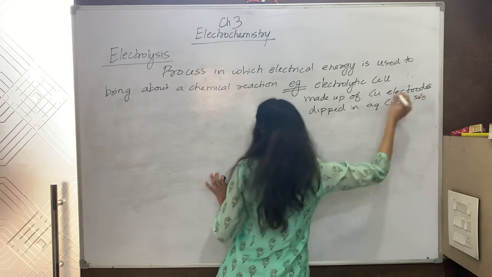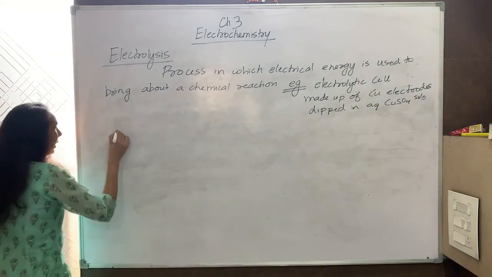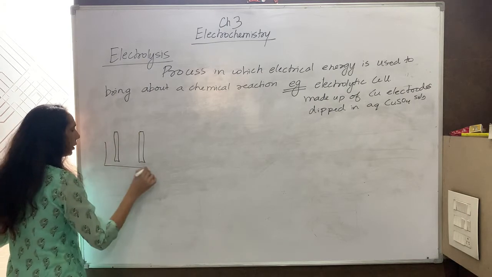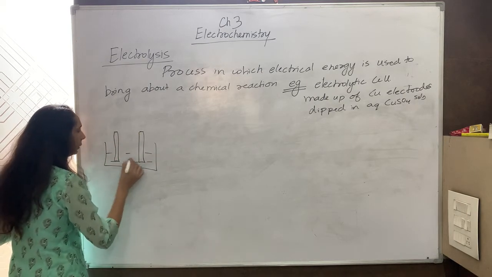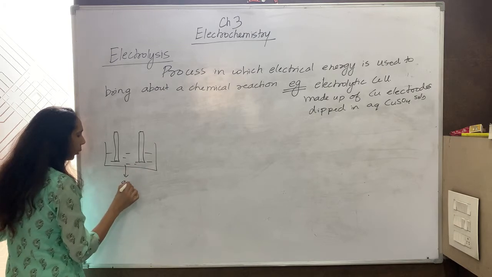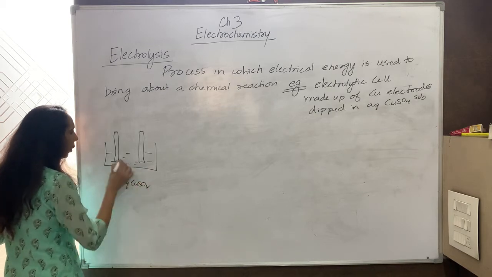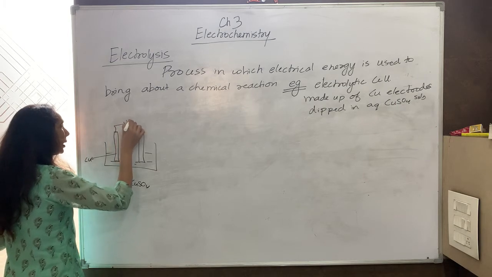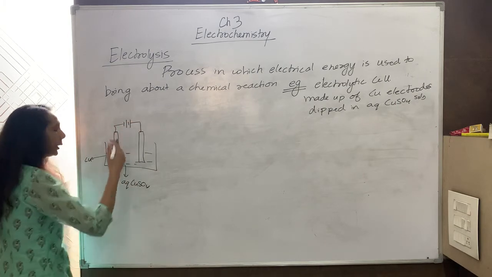Let us just see it. I consider these are two electrodes, copper electrodes. They are dipped in aqueous copper sulfate. These two are the copper rods and they are connected to an external source of voltage, a battery.